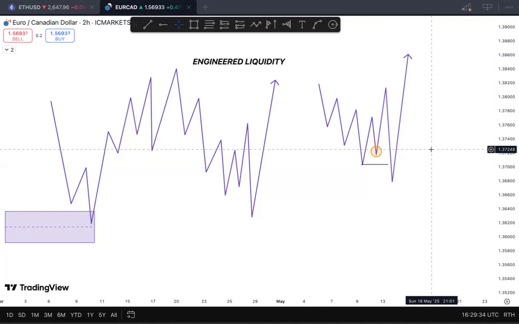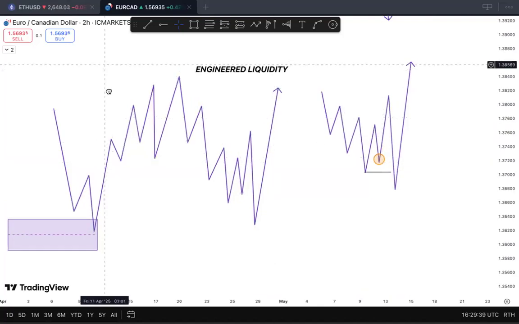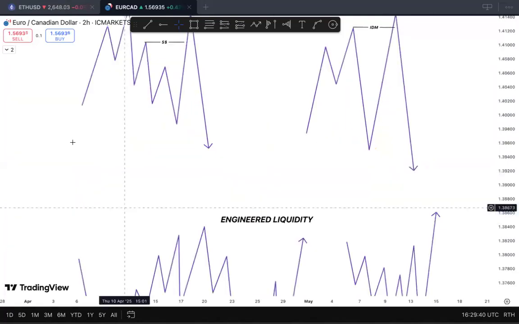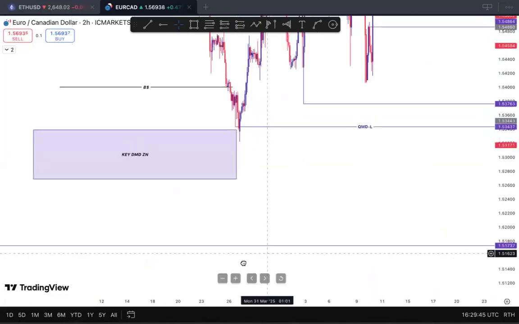So I'm going to show you from a live chart. Let's see this engineered liquidity from a live chart. So let's look at this pair.